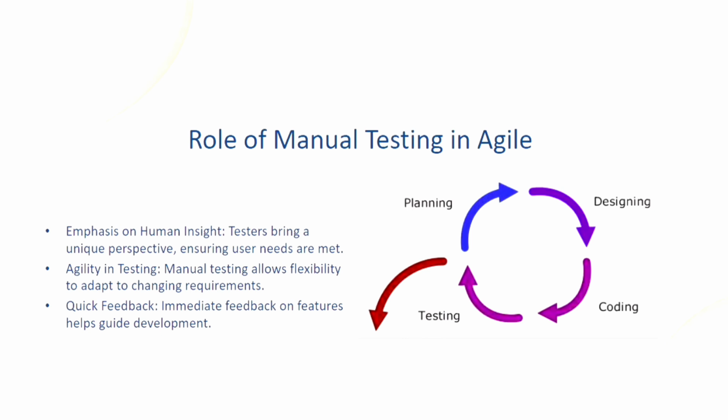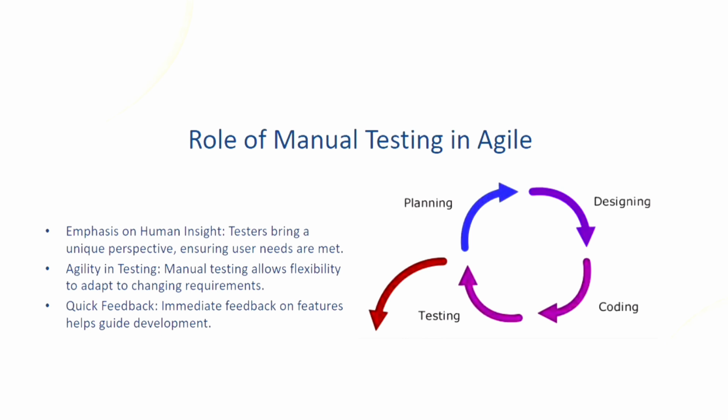Manual testing allows the flexibility to adapt to changing requirements, and it helps us get immediate feedback needed to guide the development process. It also brings human insight. A tester has a unique perspective, which is needed, and it ensures that user needs are met.